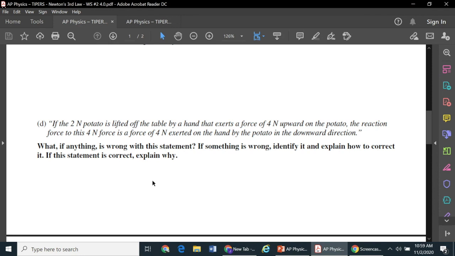If the 2 newton potato is lifted off the table by a hand that exerts a force of 4 newtons upward on the potato, the reaction force to this 4 newton force is a force of 4 newtons exerted on the hand by the potato in the downward direction. Take a second to pause this video here, answer part D, and when you hit play, we'll go over it and wrap this side of the sheet up.